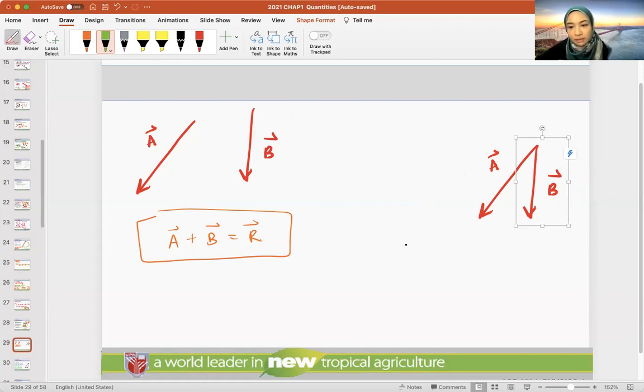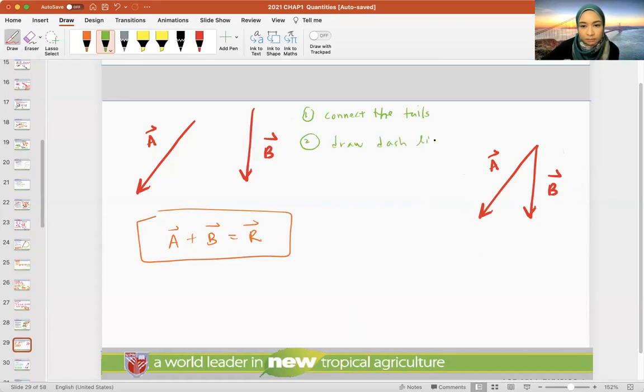I need to draw something that is parallel to A. First, connect the tail. That's connected. Second, draw a dash line. What is the criteria of this dash line?